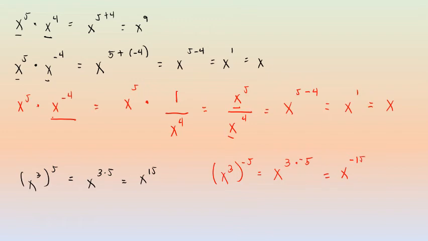Okay? Now, meron tayong x raised to negative 15, a base being raised to a negative exponent. So, using our negative exponent rule, we can rewrite this as 1 over x raised to 15. So, this is now your simplified expression. We just find the reciprocal, then tumawid sa ating fraction bar, positive na yung exponent natin. Okay?